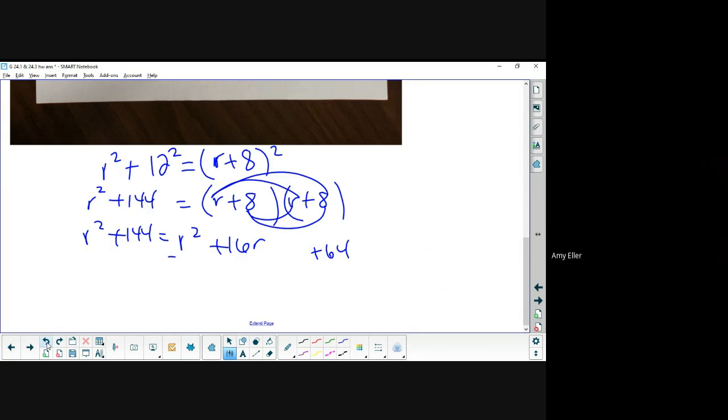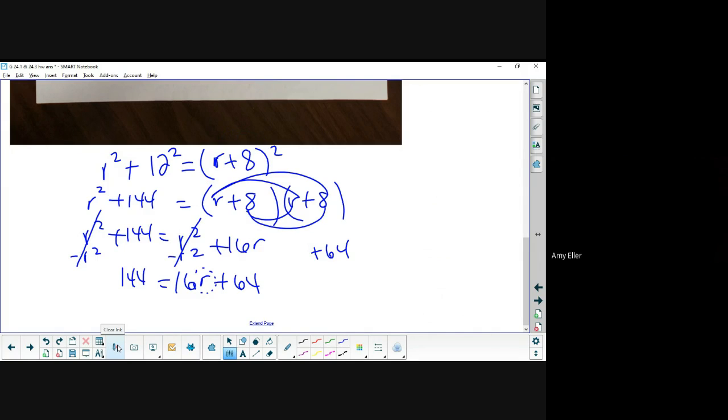I'm going to move this R squared over, and this will almost always happen. It looks complicated with R squareds, but 1 minus 1 goes away. And what's left is a pretty easy algebra problem for you guys. You just have to subtract 64, divide by 16. Get an answer of 5.